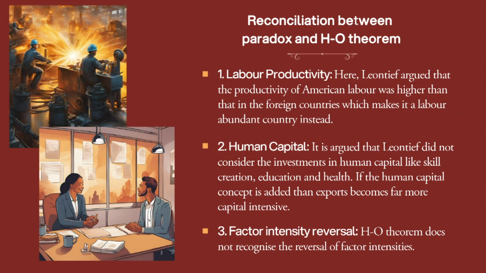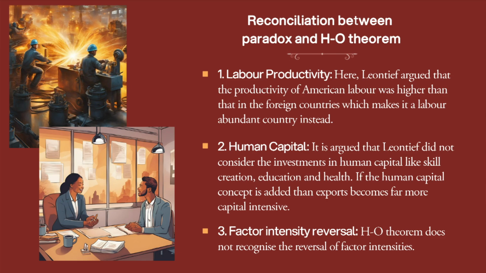One argument in the discussion of the reconciliation between the paradox and the Heckscher-Ohlin theorem is about labor productivity. Here, Leontief argues that the productivity of American labor was higher than that in the foreign countries, which makes it a labor abundant country instead. Then another argument says that human capital, it is argued that Leontief did not consider the investments in human capital like skill creation, education, and health.